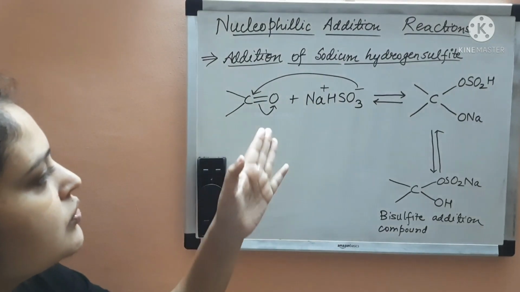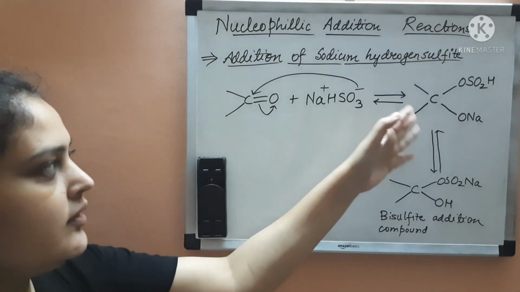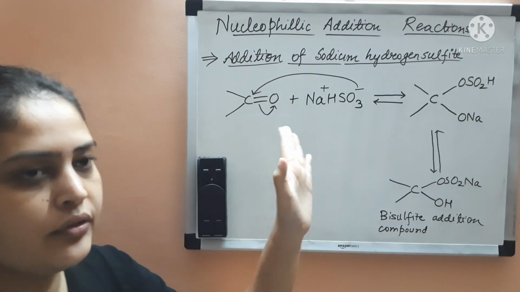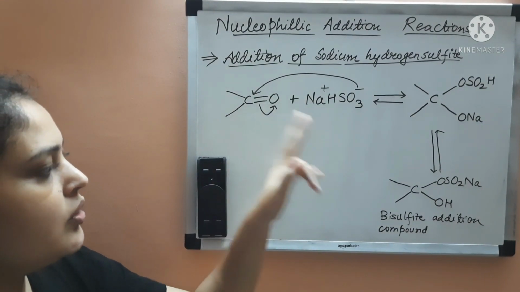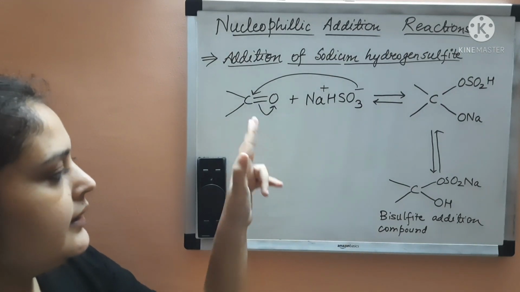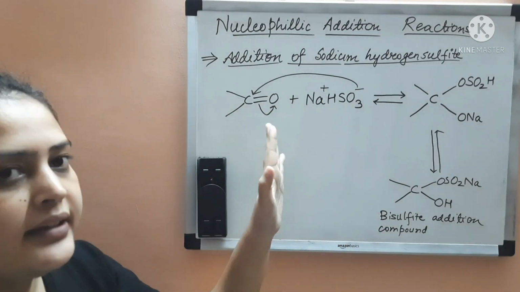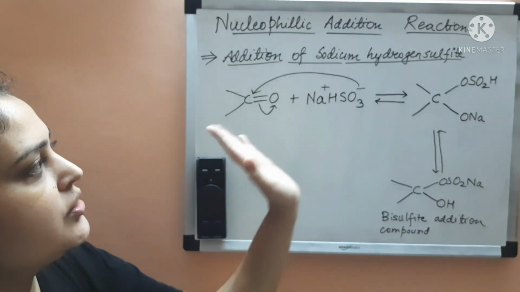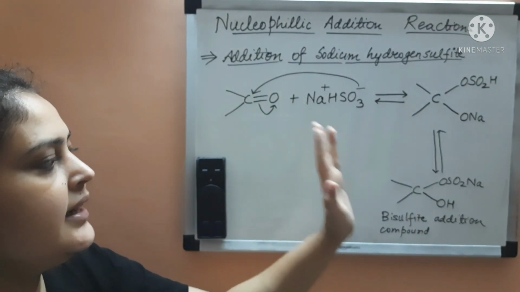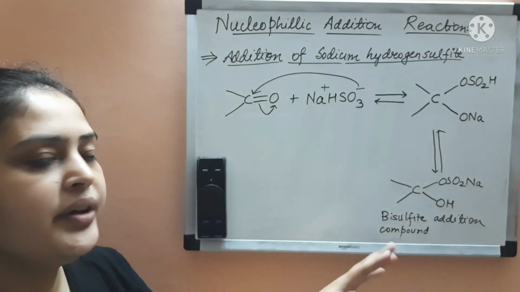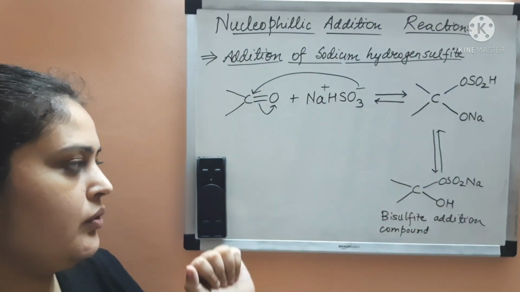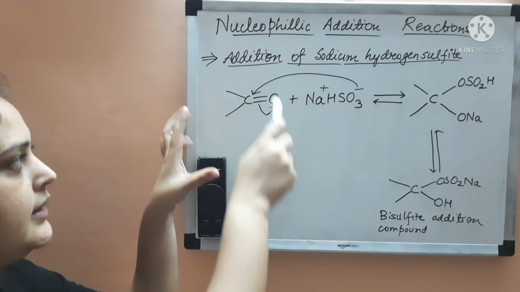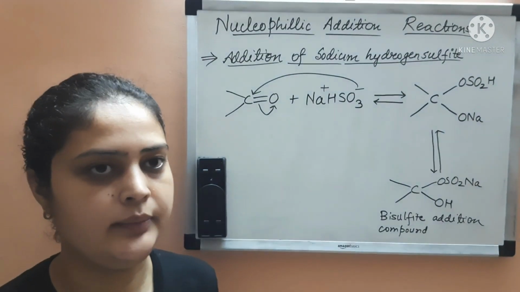Because for ketones the equilibrium is shifted towards the left, this method is used for purification of aldehydes. You can purify and separate aldehydes by addition of sodium hydrogen sulfide and then adding mineral acid or alkali to the final bisulfite addition compound, so that you can get the aldehyde without impurity.